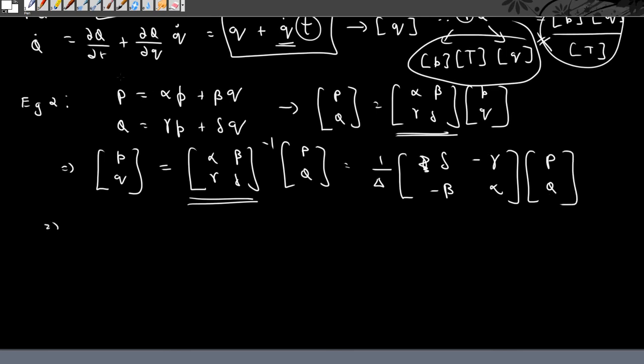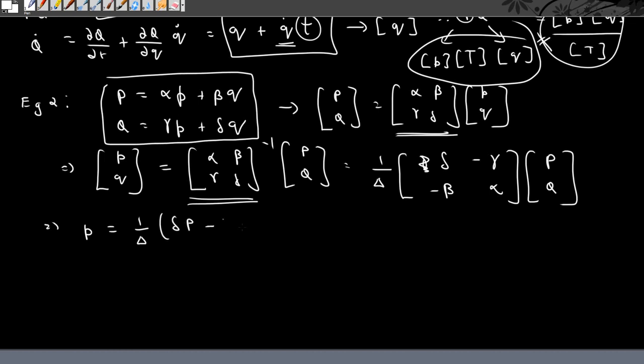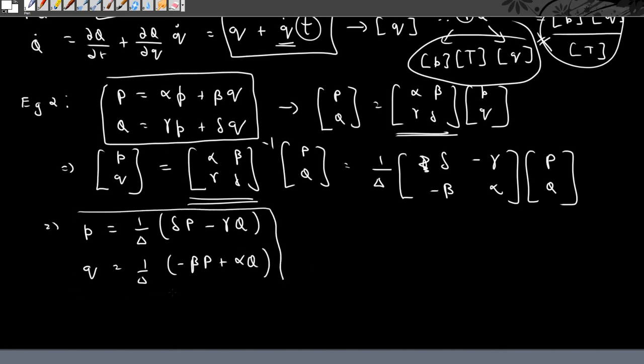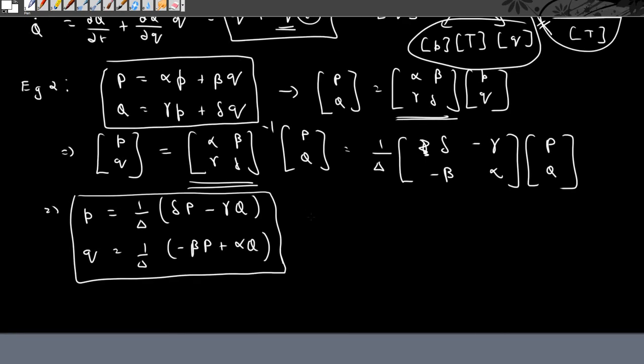Which implies that our inverse transforms will look like this: p equal to 1 by delta times (delta P minus beta Q), and q equal to 1 by delta times (minus gamma P plus alpha Q). I am going to call this equation 3.